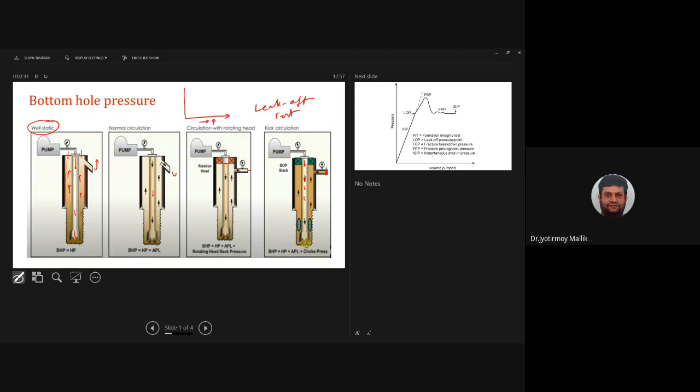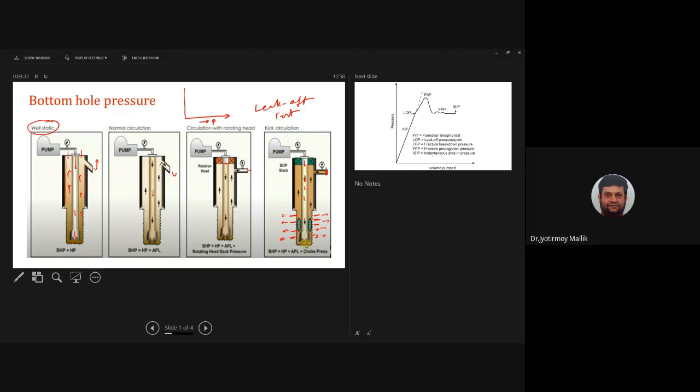The pressure of this section keeps on increasing because I have stopped this valve, but I am still pushing the fluid, right? So what will happen? Think of a balloon that I keep on pumping. There will be a particular time when this balloon will burst and fractures will be created in the formation, and the fluid that you are using to circulate will get into the formation.